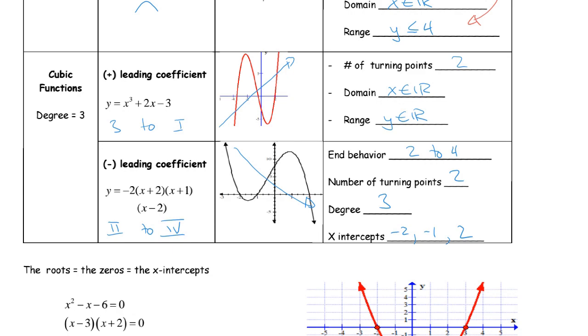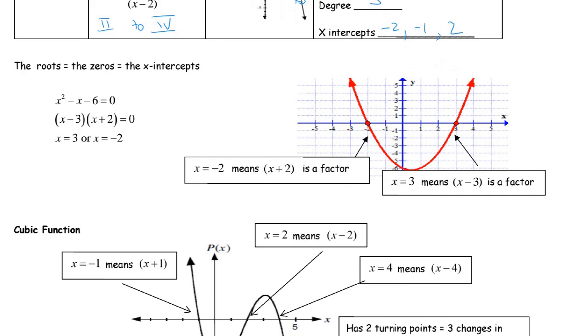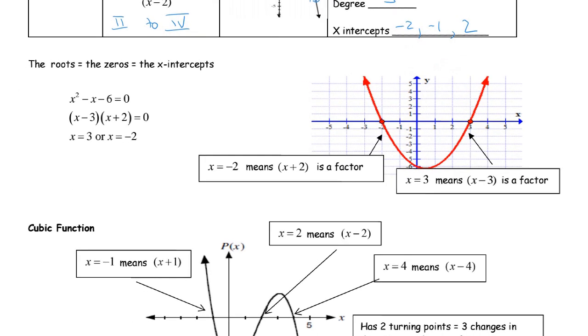Okay. So there's a whole bunch of information here, and I suspect a bunch that's going to be sort of new. This shouldn't be new, though: the fact that we can relate roots to zeros to x-intercepts. Remember that when you've got a function set equal to 0, if you factor it and get the roots of that equation, those correspond to the x-intercepts of that graph.